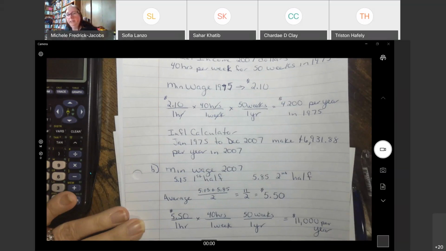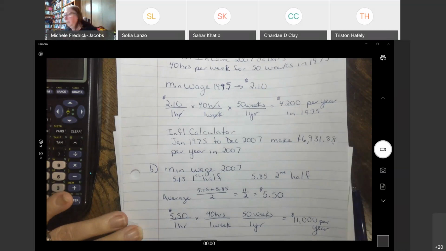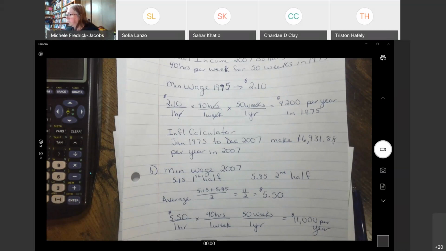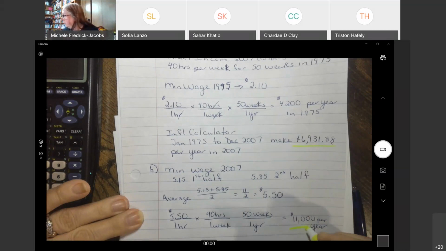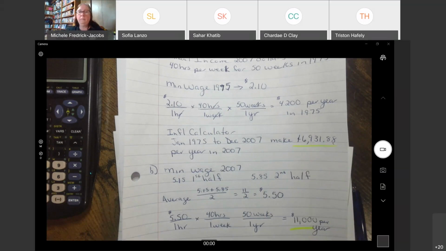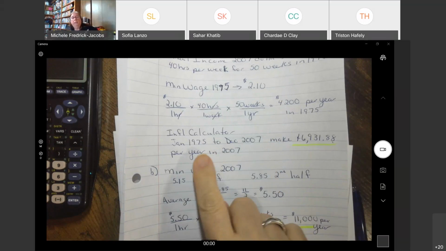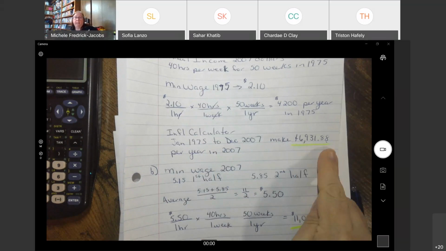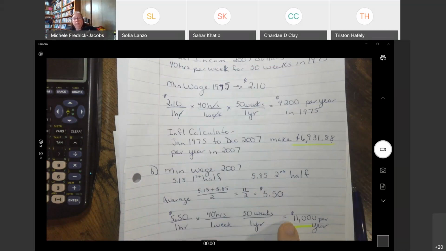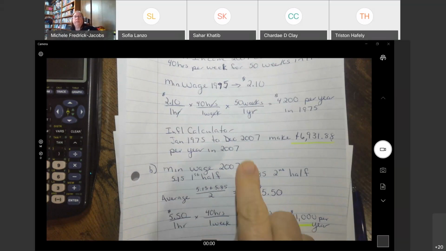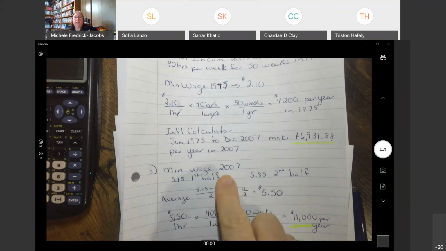Now notice this one, we are definitely not with the inflation rate. From 1975 to 2007, with inflation, we should be making almost 17,000, and we're only making 11,000. So minimum wage from 1975 to 2007 did not stay with inflation. There's a big difference there.